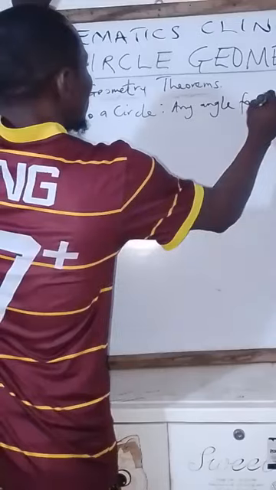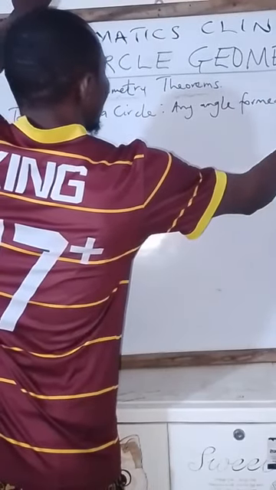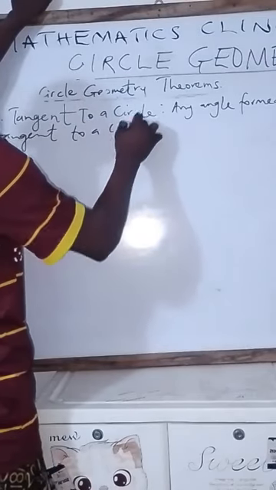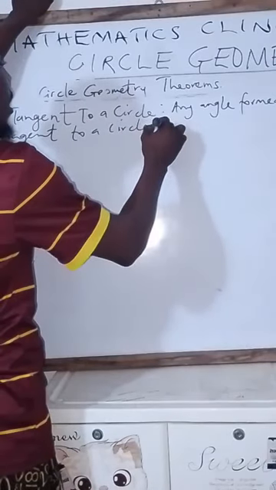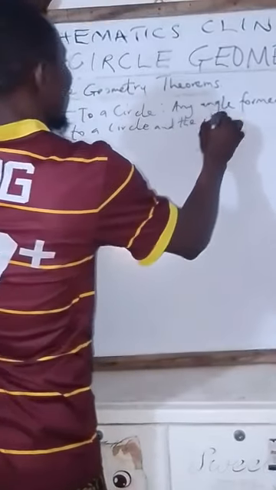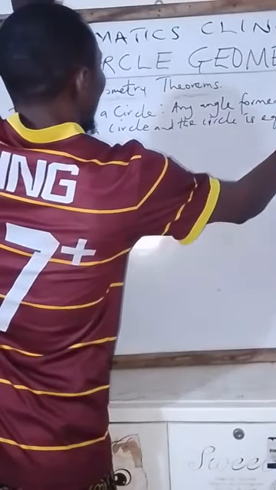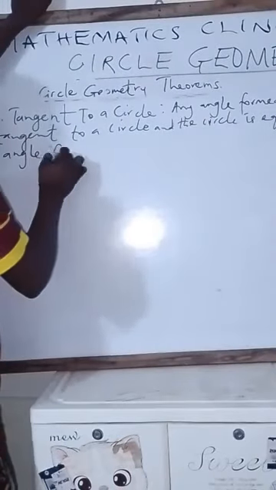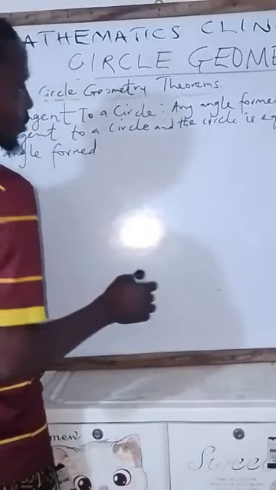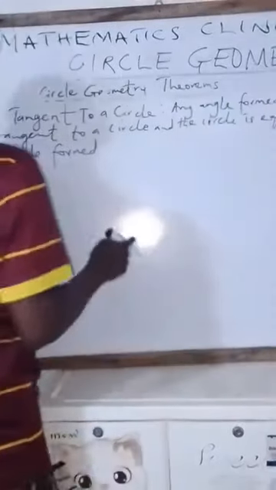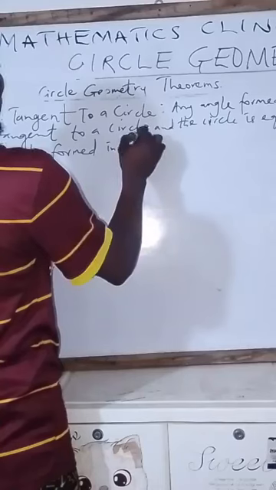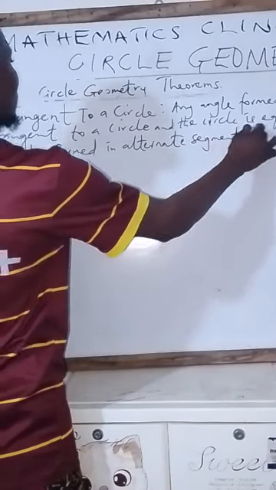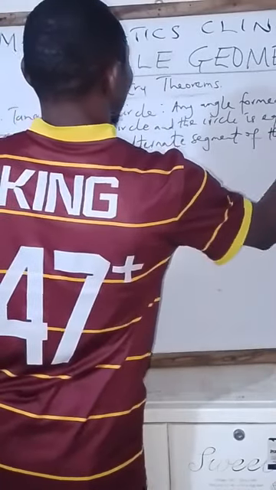Any angle formed between a tangent to a circle and the circle is equal to any angle formed in alternate segments of the circle.